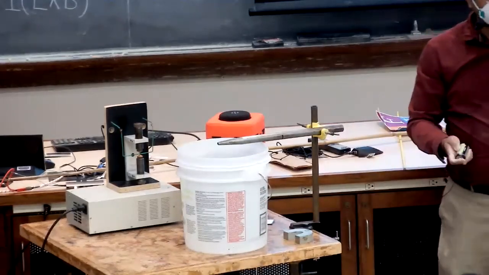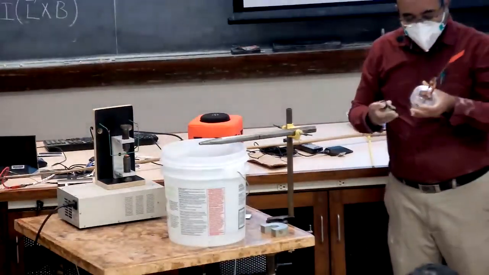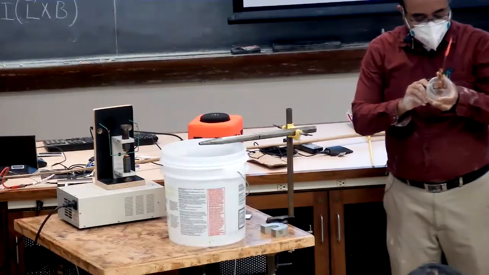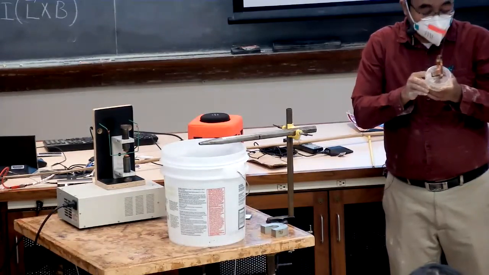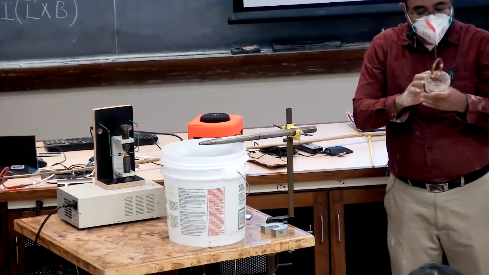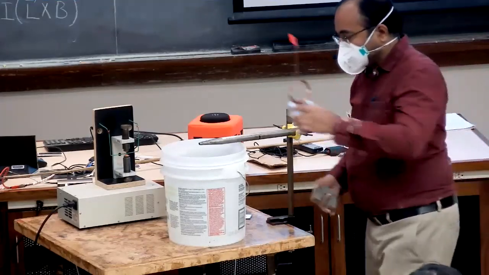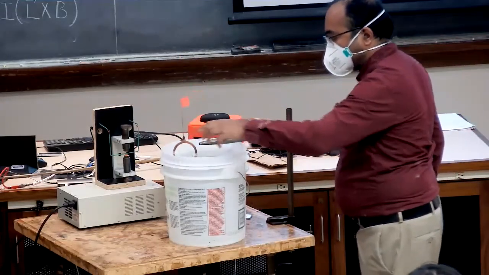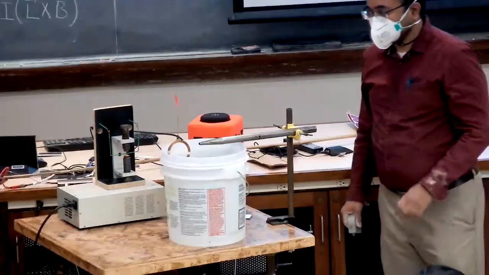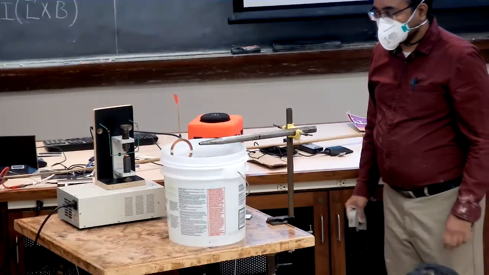I'm going to put a battery in so that there'll be current flowing in the loop, and it'll become an electromagnet. It'll become a current-carrying loop, and so it's going to act like a dipole. So just float it here. All right, so it's acting as a dipole.